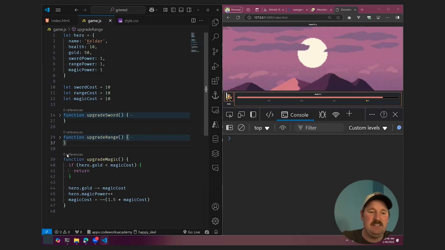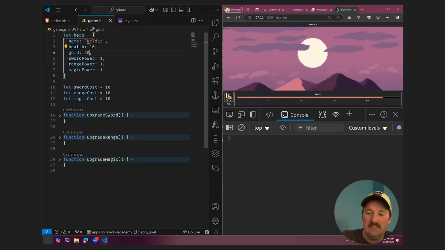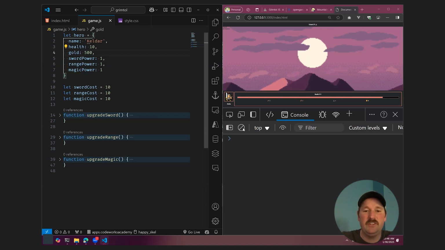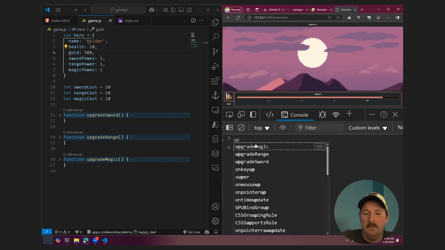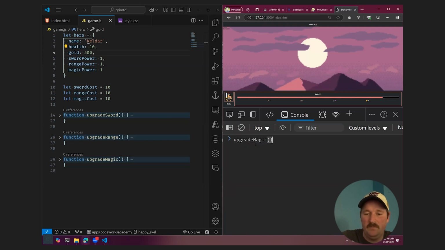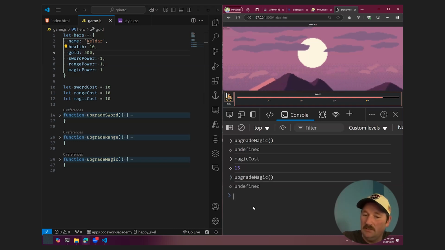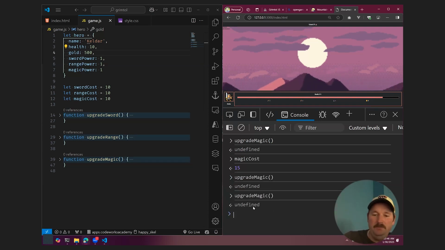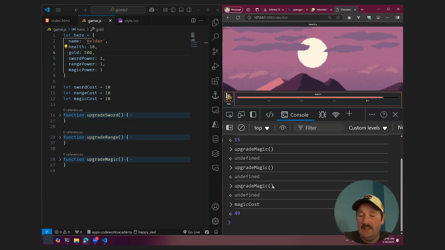So let's test this. Very important to continually do your testing phases. Let's give myself like 500 gold. And then let's go ahead and upgrade my magic. And if we look at the magic cost, it's now 15. Let's upgrade my magic. We'll do this a couple times. We'll look at our magic cost. It's at 49.